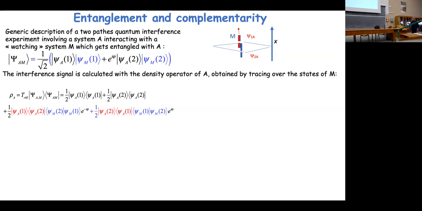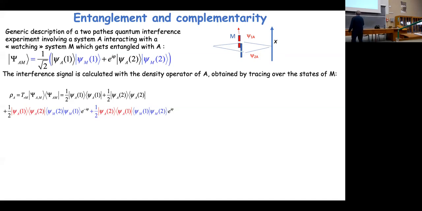And you find that this partial density operator has two square terms: 1/2 psi a1 psi a1, which is just a projector, plus 1/2 psi a2 psi a2, another projector, and then you have the interfering term.